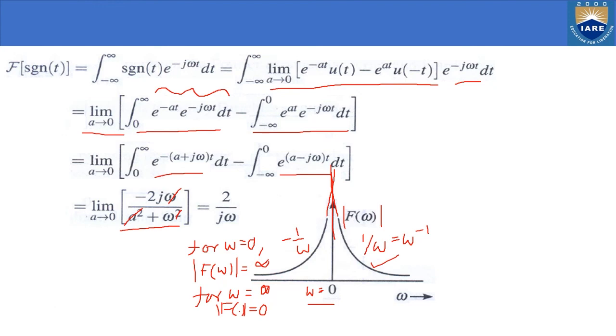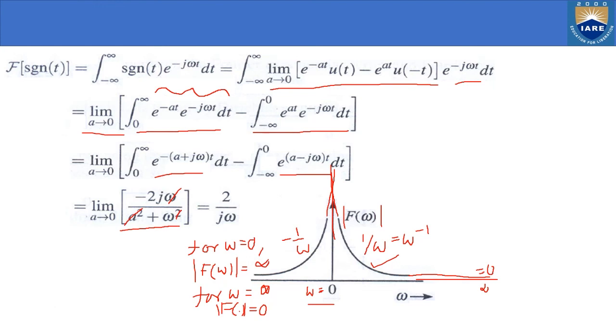So somewhere it goes to infinity, and ultimately it will reach 0 here. At infinity, it becomes 0. So from infinity to 0 it is slowly coming down, and that is how the Fourier spectrum of the sine function looks.